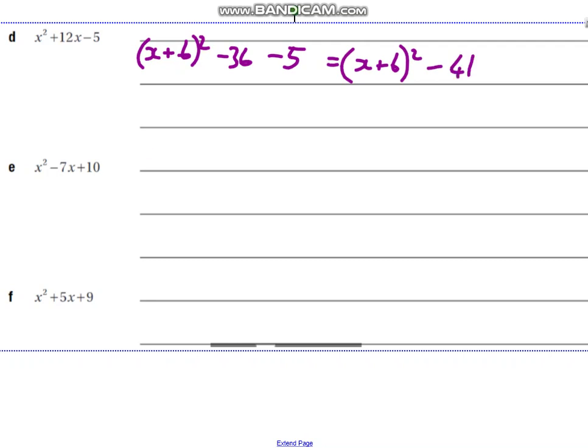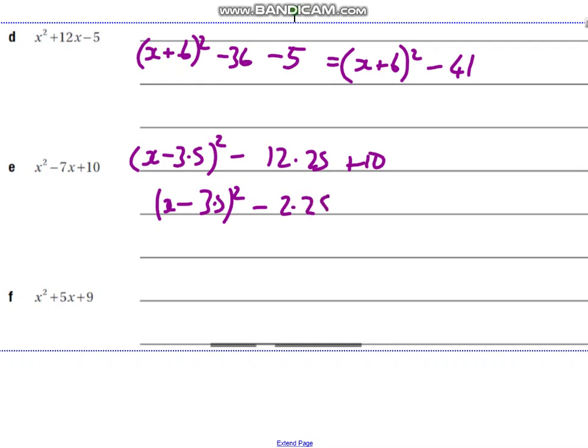For this one you're going to have x minus 3.5 all squared minus 12.25 plus 10, and so that's x minus 3.5 all squared minus 2.25.